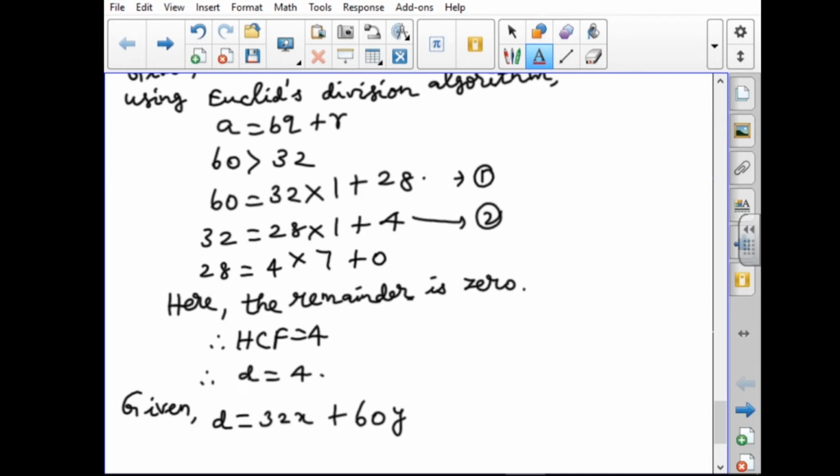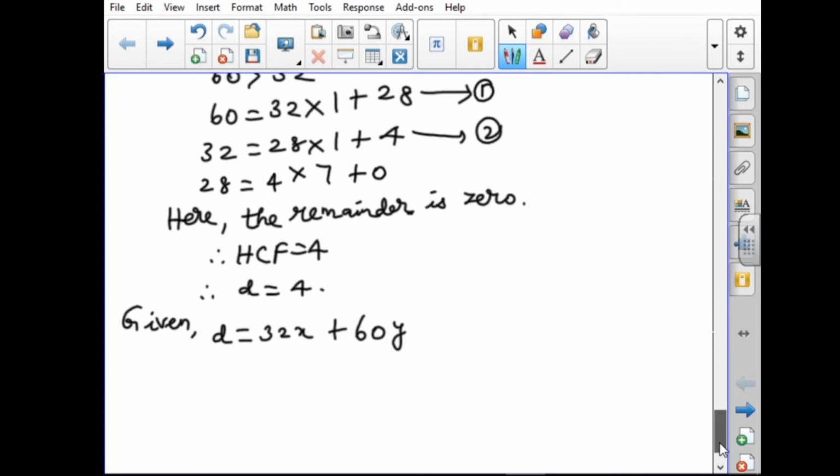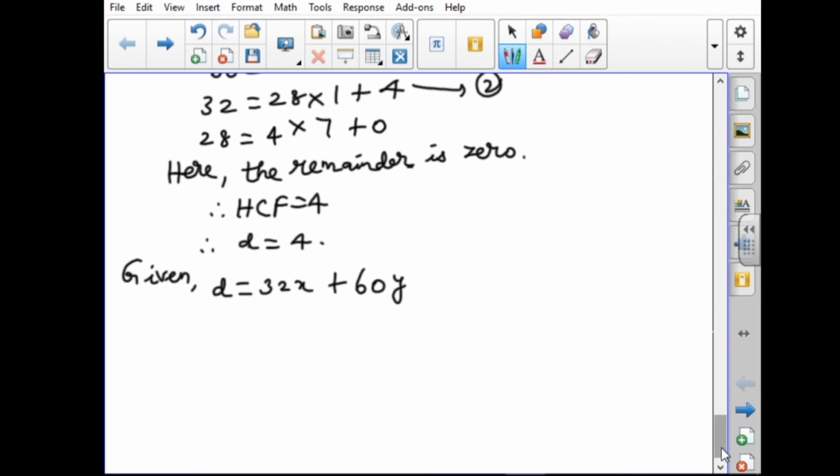So from equation 2, what is our equation 2? 32 equals 28 into 1 plus 4.